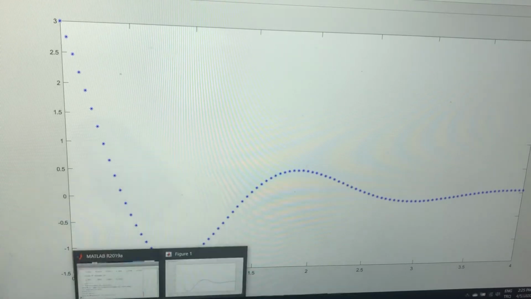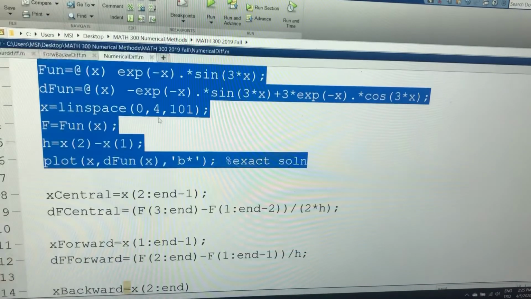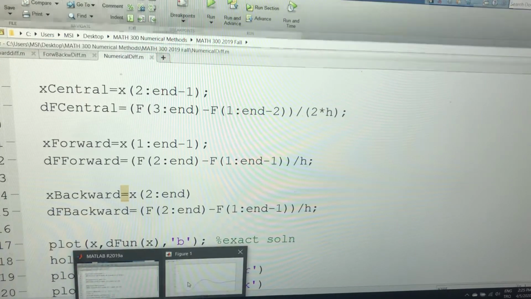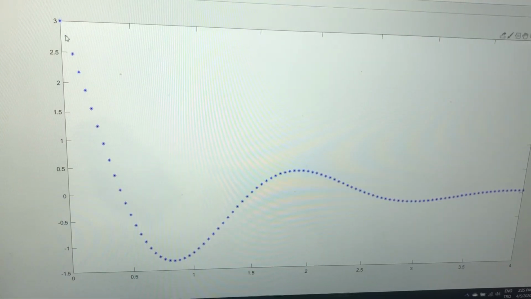Let me open the central difference formula here. So for the central difference formula, we said that x should be starting from the second data until the n minus 1 data, the one before the last one. Why?